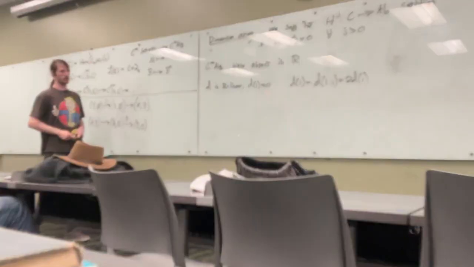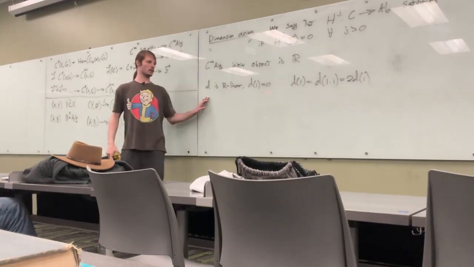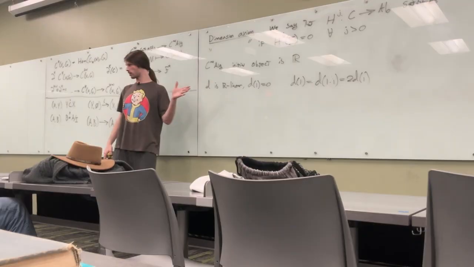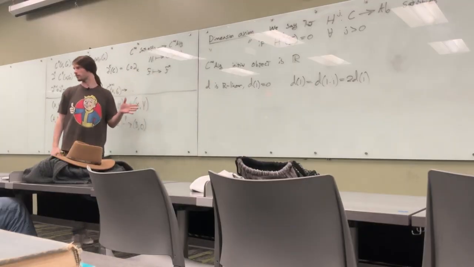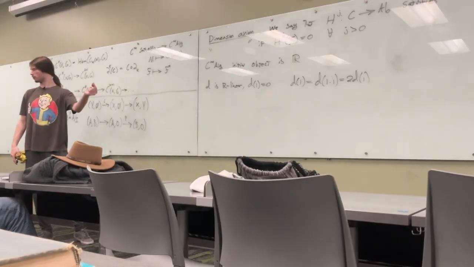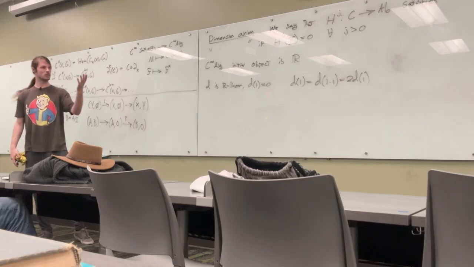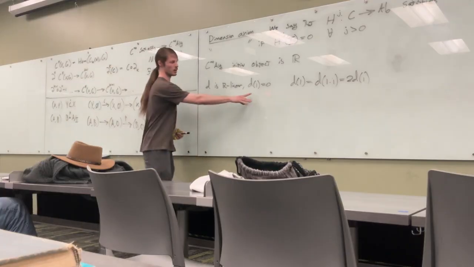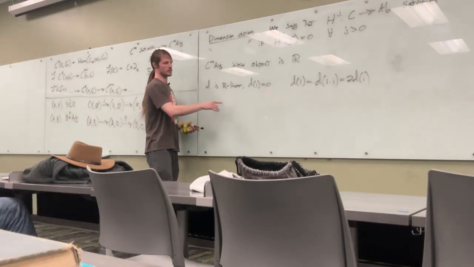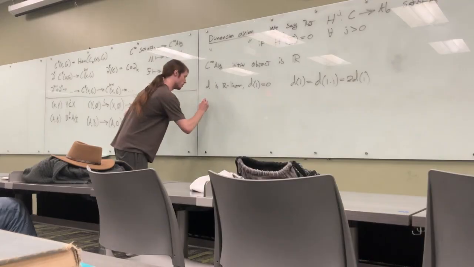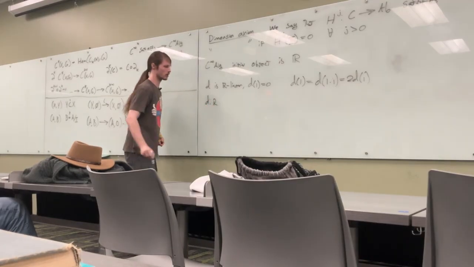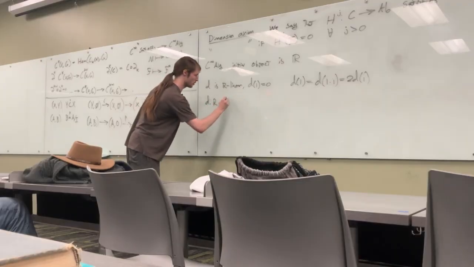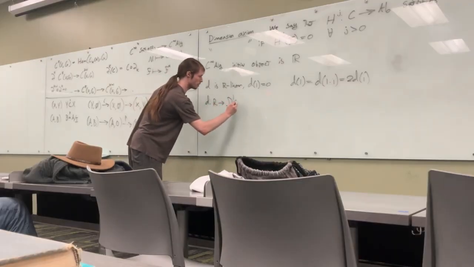OK, but if D1 is 0 and D is R linear, and every element of R can be calculated by just multiplying itself by 1, right? That is a representation. So we can generate all of our algebra through multiplicative scalings of the element 1. So that means that D on R to its set of 1 forms is the 0 map.